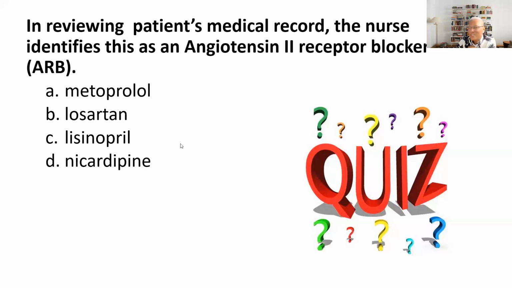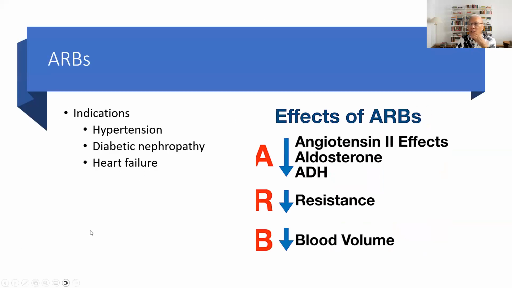All right, so you remember that sartans are going to be your ARBs or angiotensin 2 receptor blockers. Excellent. Okay, so what are the indications of angiotensin receptor blockers? Well, basically, again, for hypertension, as well as for diabetic nephropathy and heart failure. So it's similar to the uses of ACE inhibitors.